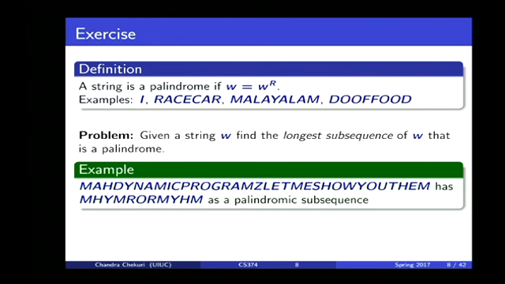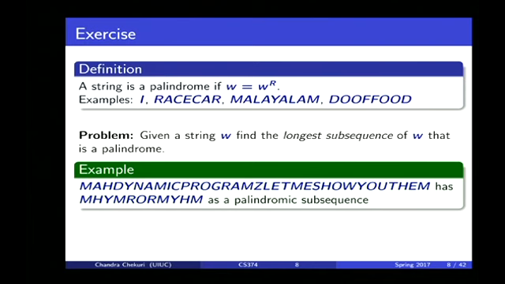First one? Okay, why? One way of thinking about it, but maybe you don't even want to optimize. You say, if I want to include this M, I need to match it with some other M. Where is that M? I don't care. I can choose any of these, right?